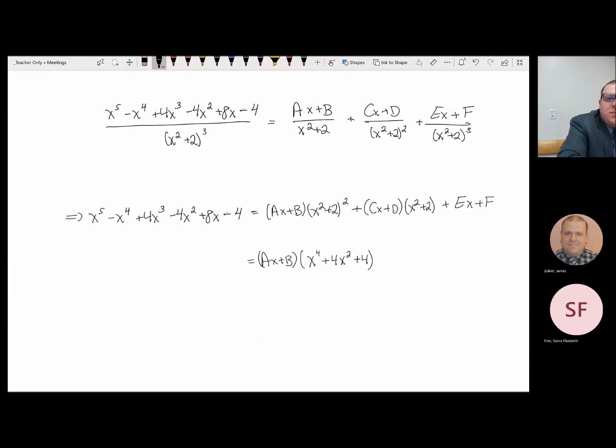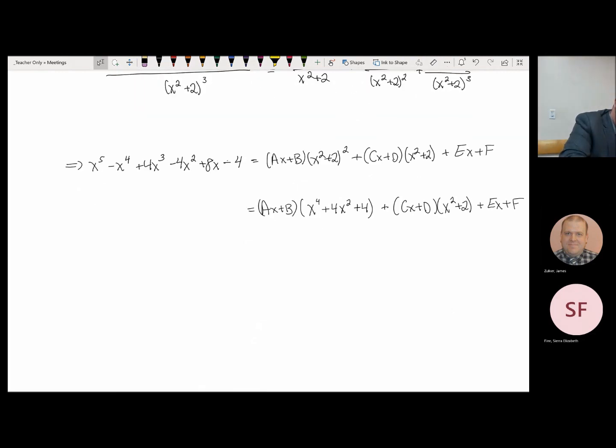So expand out x squared plus 2 all squared. That's what you get. Now foiling.